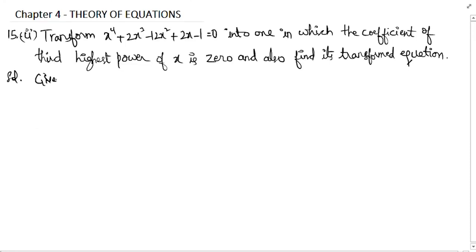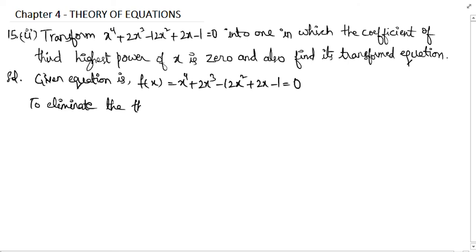So the given equation is f of x is equal to x power 4 plus 2x cube minus 12x square plus 2x minus 1 is equal to 0.